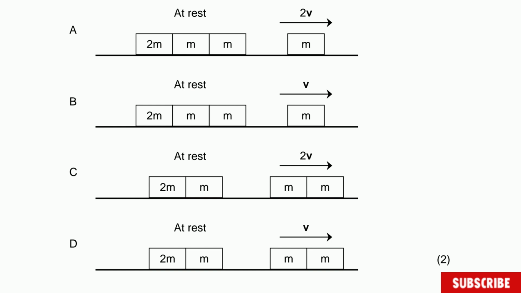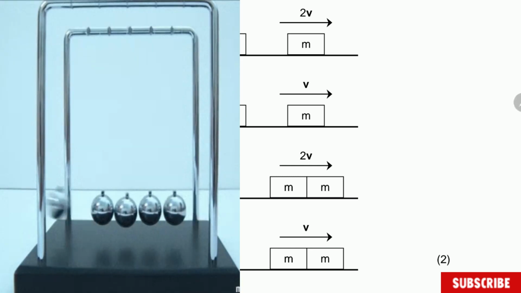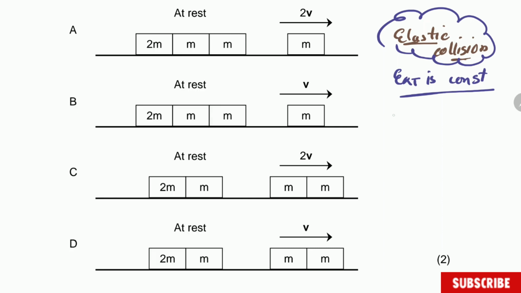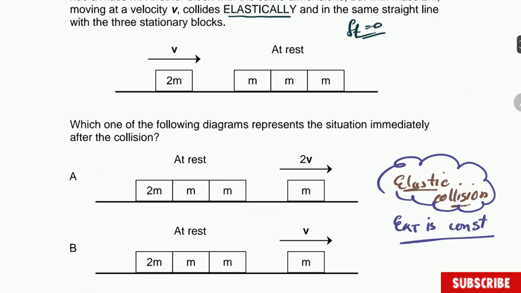Okay, now guys, this is an elastic collision, which means that the total kinetic energy is conserved. In other words, this is what we have initially there. The total kinetic energy initial must be equal to the total kinetic energy final.